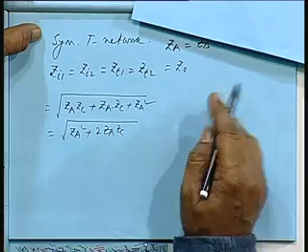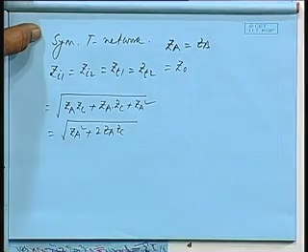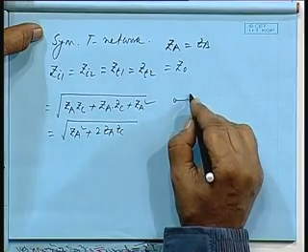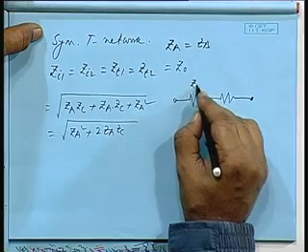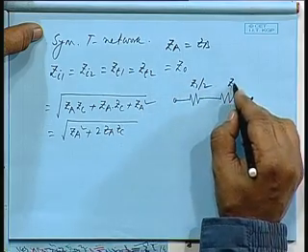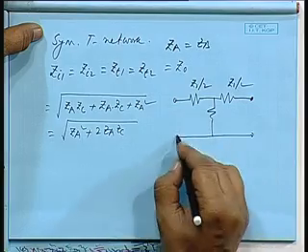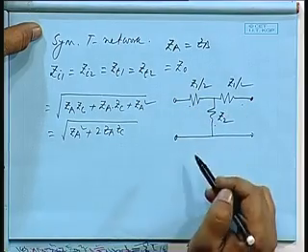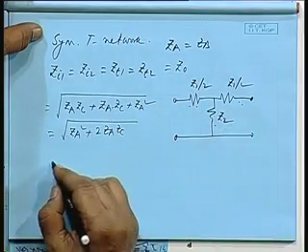Now, if I have a balanced network where the impedances are like this, a symmetric network like this, Z1 by 2, Z1 by 2 and Z2, then Z A is Z1 by 2, this is also Z1 by 2.